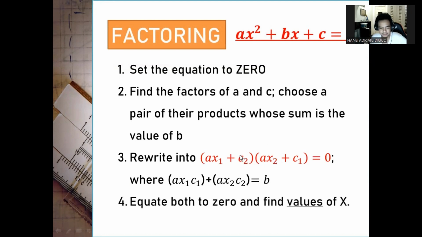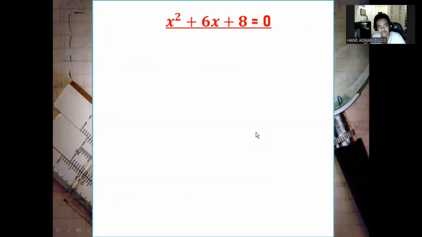Let's find the values of x. Now, what does this mean? How do we do this? Well, I'll show you in a while. Our example here is x squared plus 6x plus 8 equals 0. So we have to factor those. We have to do it by finding the factors of A and C.